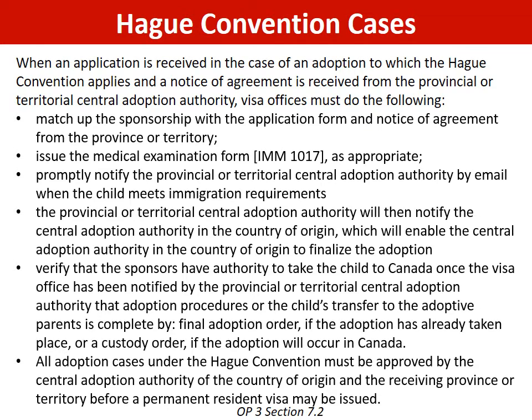Okay, if that notification is positive, then the provincial adoption authority will notify his or her counterpart in the other country where the person being adopted is coming from. Then they would finalize that adoption. With the immigration authority as well, another step for them is to make sure that the sponsors actually have the authority to take the child to Canada.